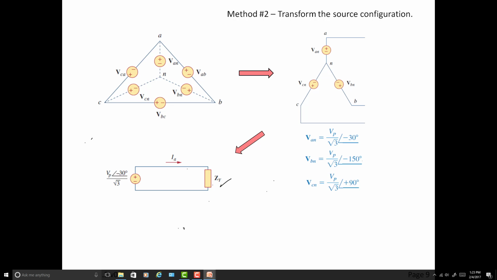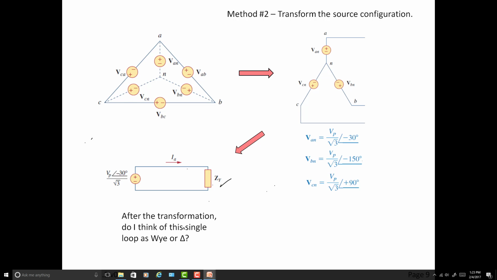So no surprise that when I went back a slide and did the delta Y without the source transformation, hidden in that math was basically a source transformation. It's the only math there is. Here I just made it obvious, okay?